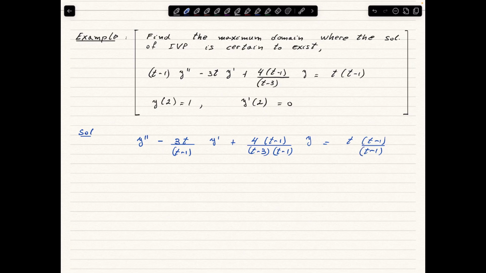So here obviously we can simplify, but we can also simplify here, but there's no simplification over there because we can't. So we have y double prime minus 3t all over t minus 1 multiplied by y prime plus 4, and here is 4 divided by t minus 3 multiplied by y, and here we have t.